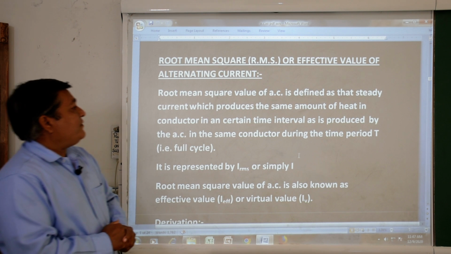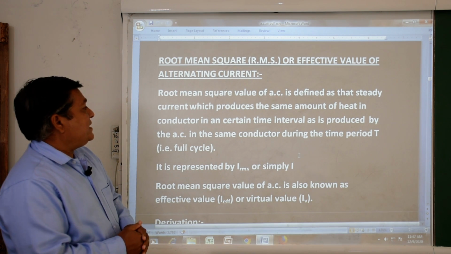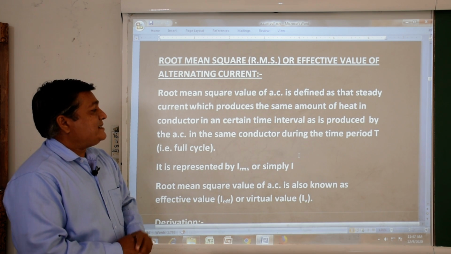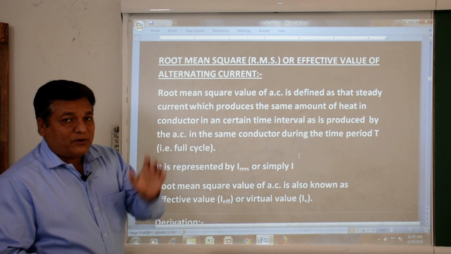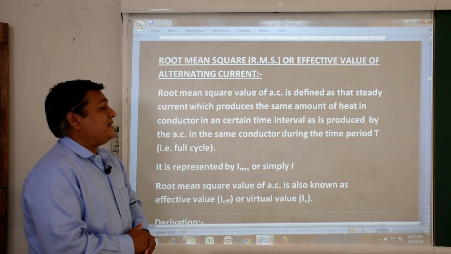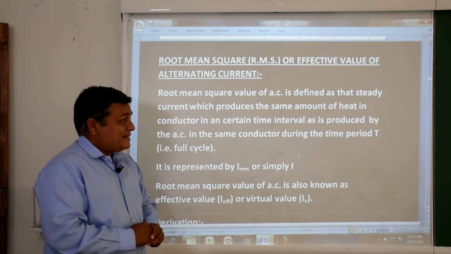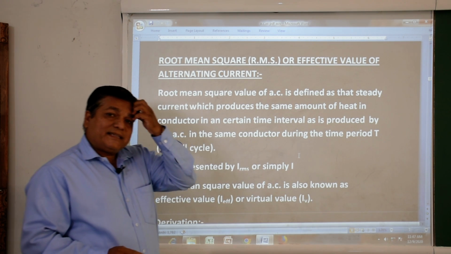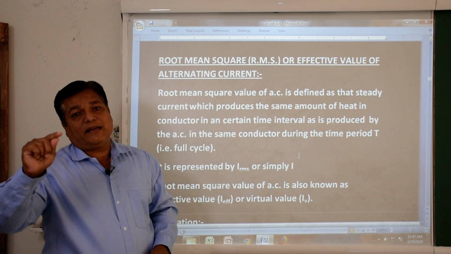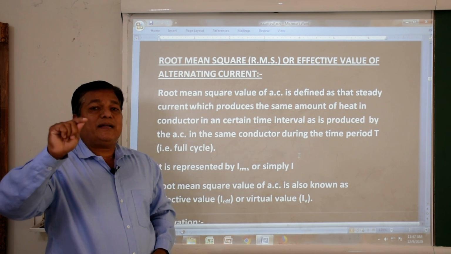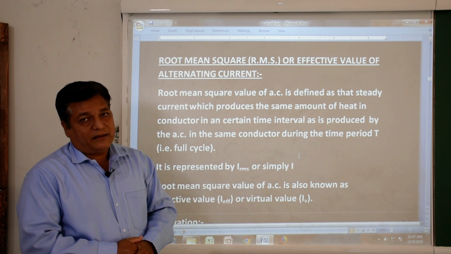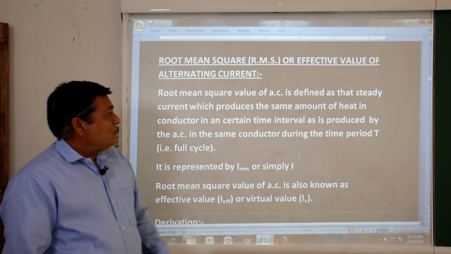Root mean square value of AC is defined as that steady current which produces the same amount of heat in a conductor in a certain time interval as is produced by the alternating current in the same conductor during the time period capital T. The time period taken here is capital T, that is, one complete cycle of alternating current. This is the definition of root mean square value.